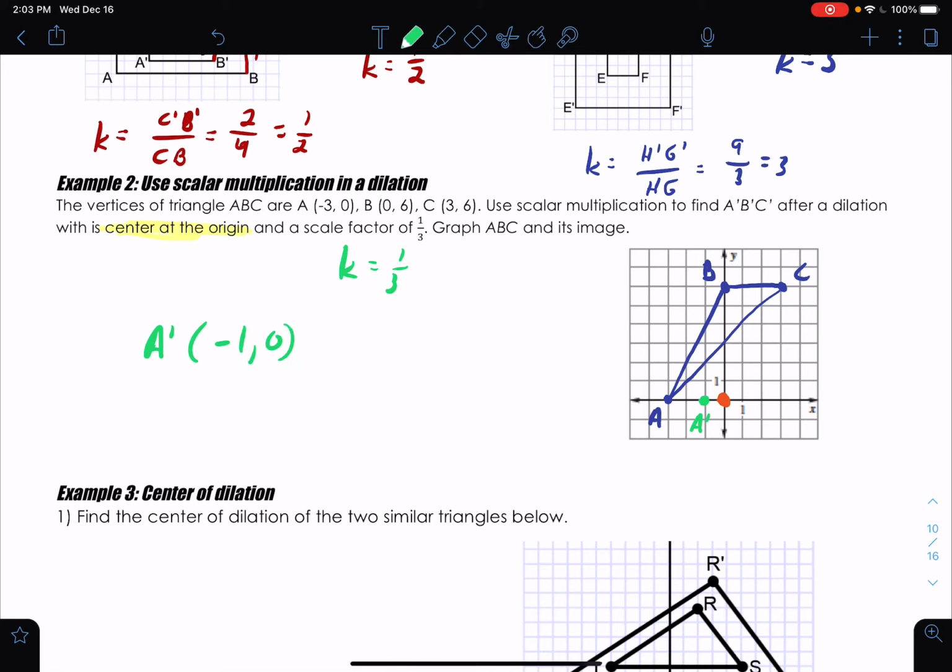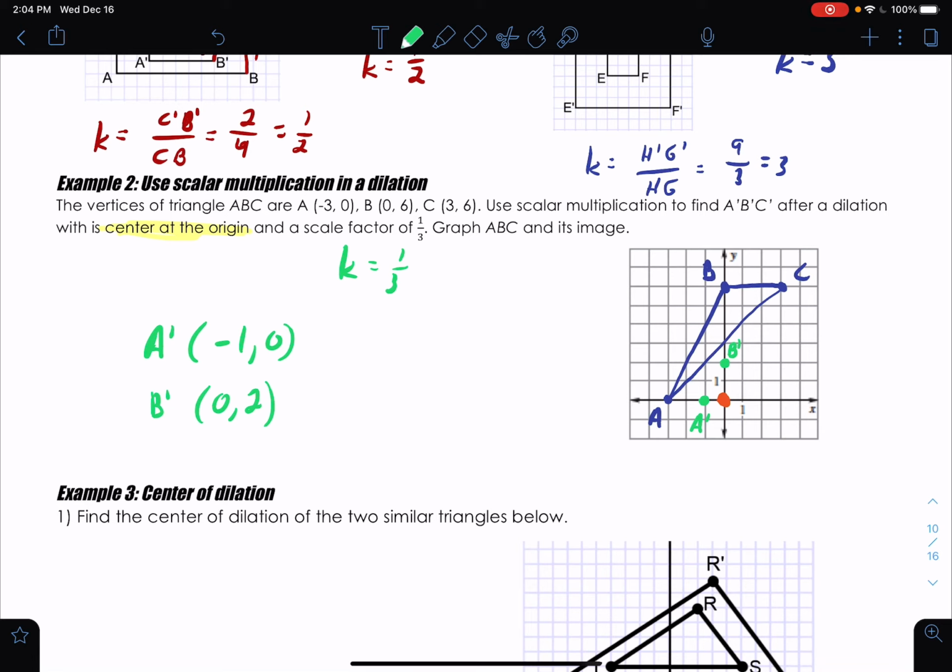In order to get to B from my center of dilation, I'm going to go up 1, 2, 3, 4, 5, 6. What's a third of 6? Instead of going up 6, a third of 6 is 2. I'm only going to go up 2. So there's B prime. B prime is 0, 2. And lastly, to get to C, I'm going to go up 6 over 3.